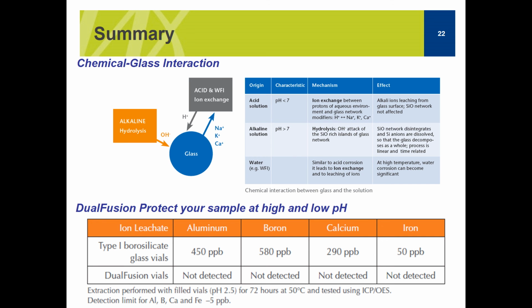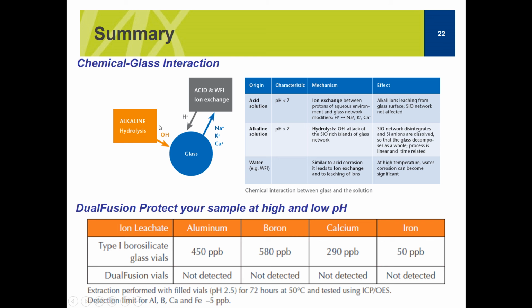So in summary, glass really gets attacked in two different ways. With acidic interaction, the hydrogen ion comes into the glass, and the glass releases sodium, calcium, and potassium.